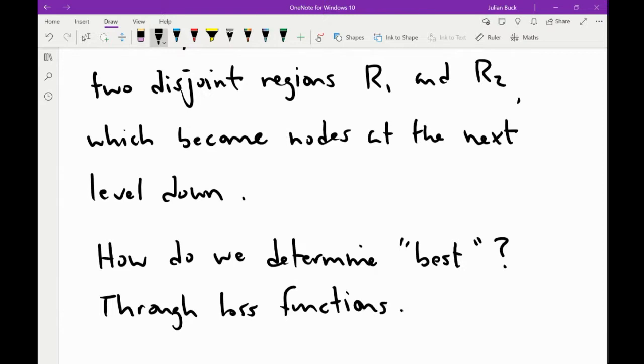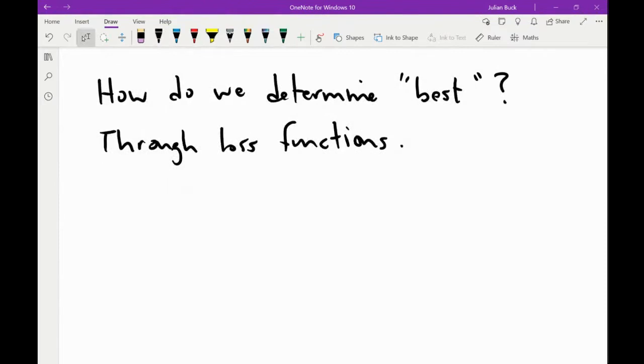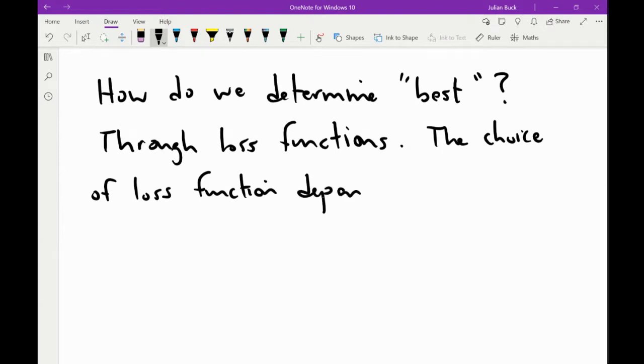Of course, the choice of loss function depends on what kind of modeling problem we're dealing with.